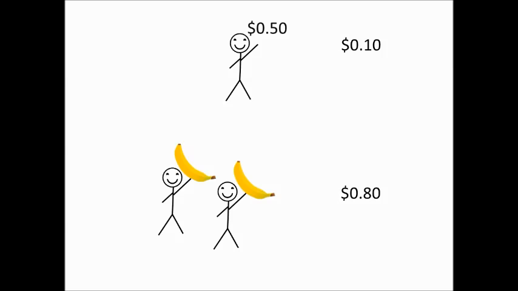This means that the earlier allocation, where we give the banana to the guy up there, was not Pareto efficient. You can check any other allocation like this. Essentially, the allocation that we have in the equilibrium of this market is Pareto efficient, because any other allocation wouldn't lead to a Pareto improvement.